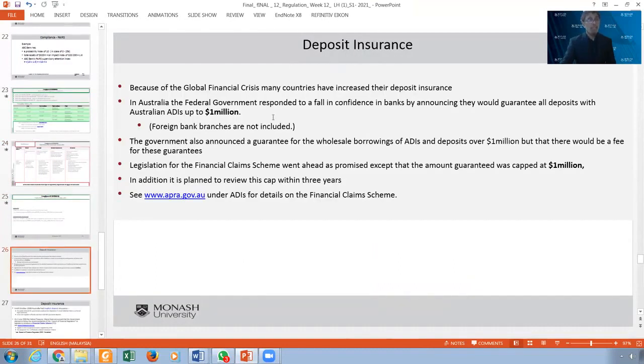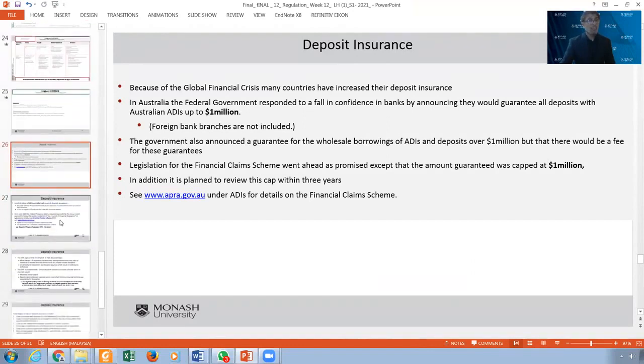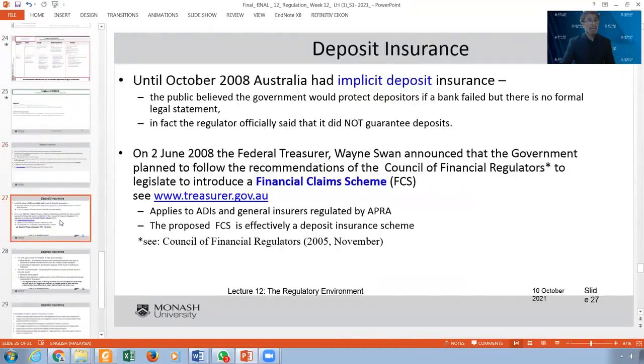I will go to deposit insurance, and we don't want to go into deposit insurance too much. It's just that this deposit insurance has been there for a long time. I think we have a pre-class activity for this, pre-class activity number 3. Deposit insurance has advantages and disadvantages. And there is also a body, the FCS, Financial Claims Scheme, which operates under this.